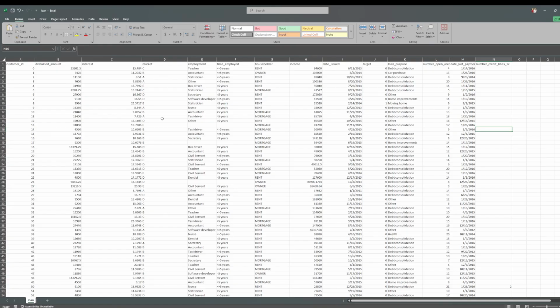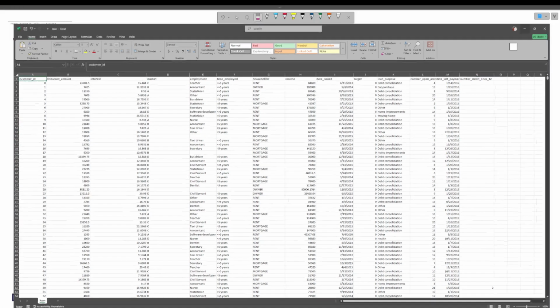For market we have just alphabets. For employment we have some words. For time employed we have numbers and words at the same time, which means alphanumeric. And for household we have only words, and so on, right? Different types of things. So today we are first going to learn about each of the variable types.